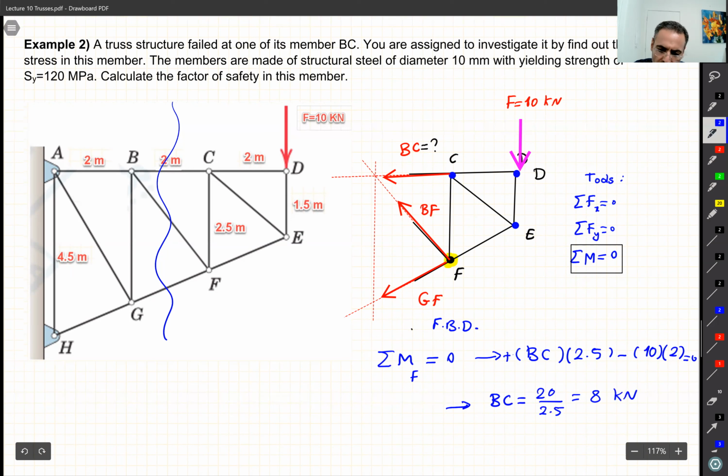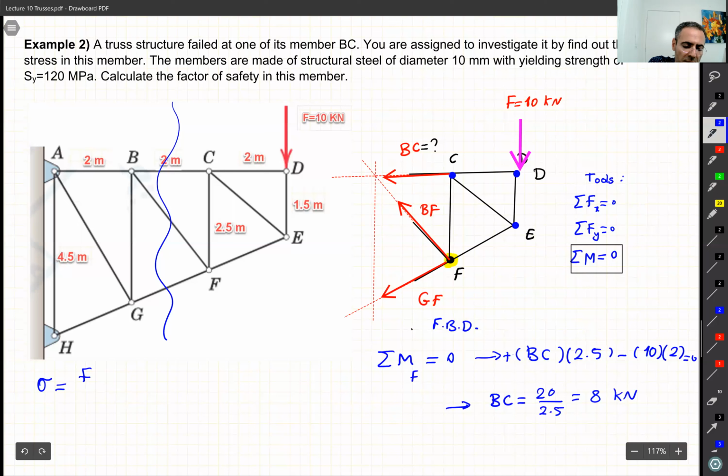So we are almost done, guys. If you could wait for another 3 minutes, we are done. So we found the load in BC, right? By simply taking a moment about point F. And then the rest is what you learned in module 2. If you know the force in BC, then simply you can find stress.